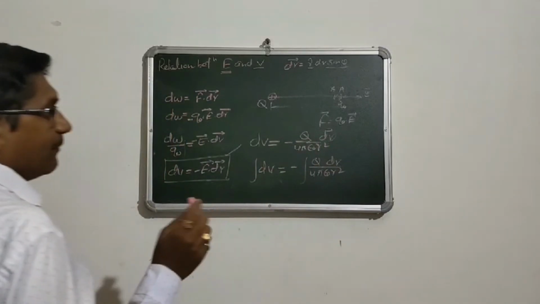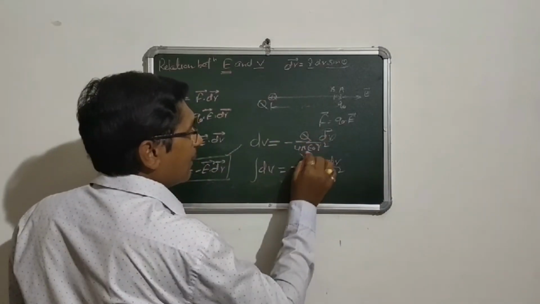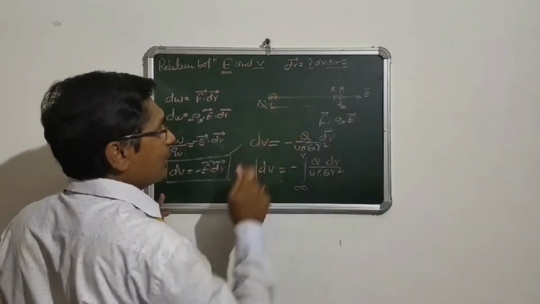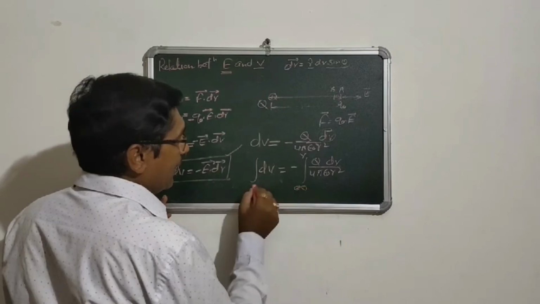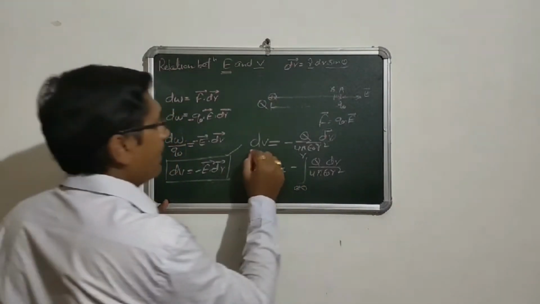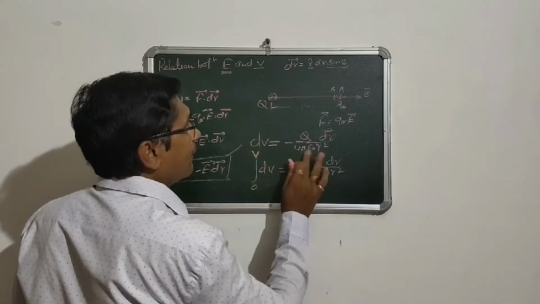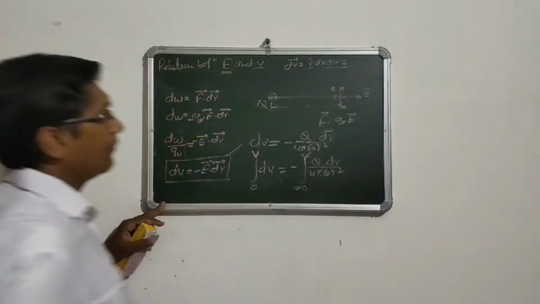And we bring the test charge from infinity to an r distance, because we have to find the electric potential. So at infinity the electric potential is 0, and at the point it is V. This is V, and this is r, the limits of integration.